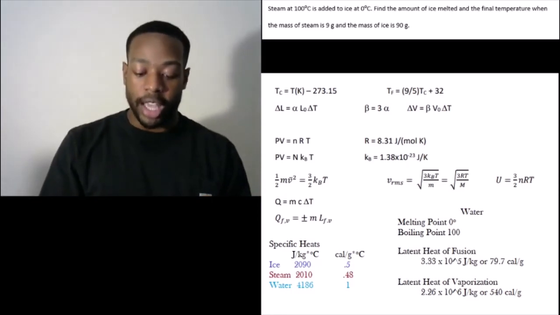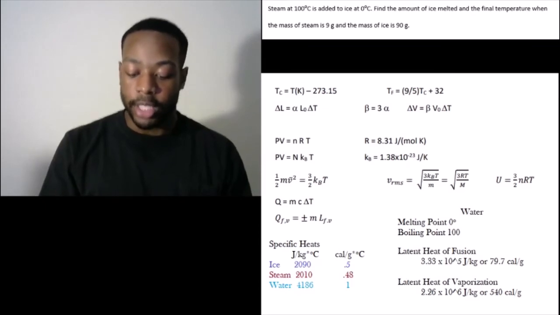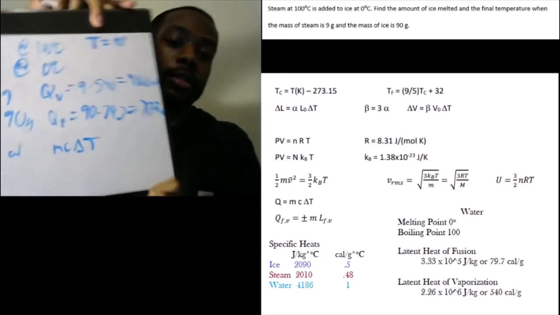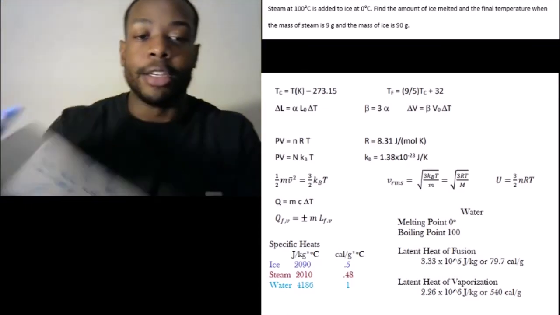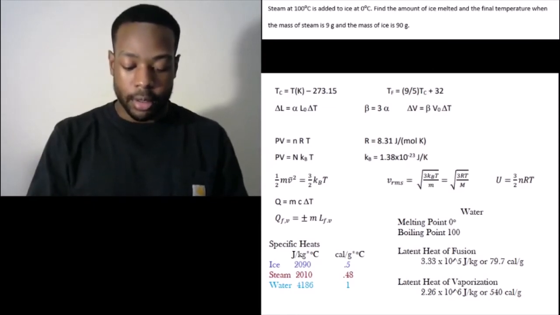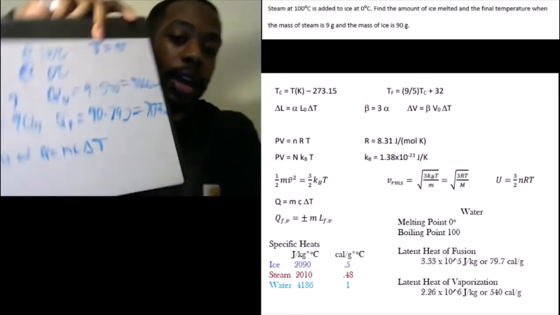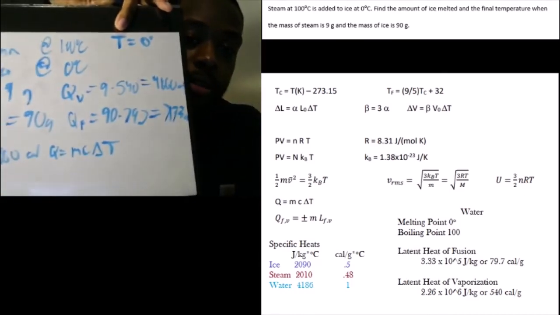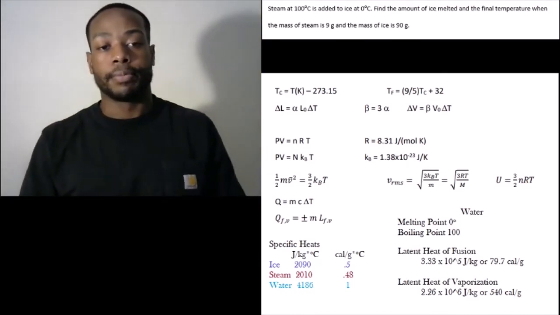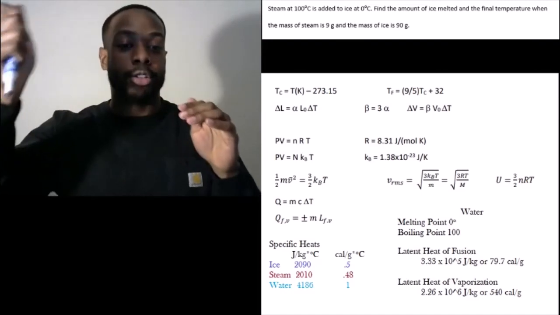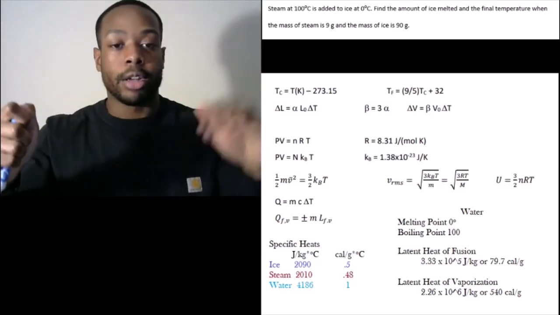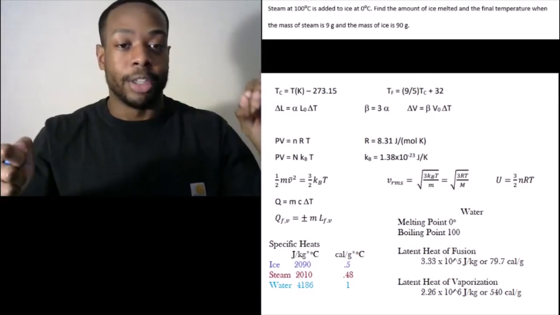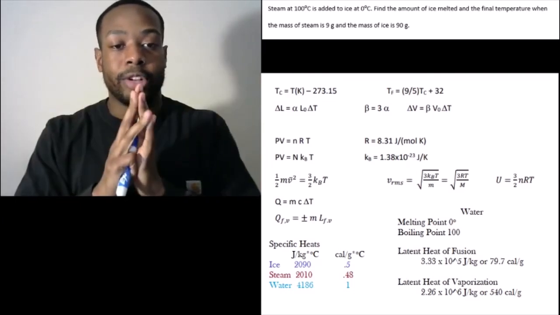So we're going to do MC delta T, a little MCAT. We're going to find out how much energy we get if that 100 degree water goes to 0 degrees, right? So we've got 100 degree steam, turns to 100 degree water, and 100 degree water is going to react with that 0 degree ice, meet at the equilibrium point, right?